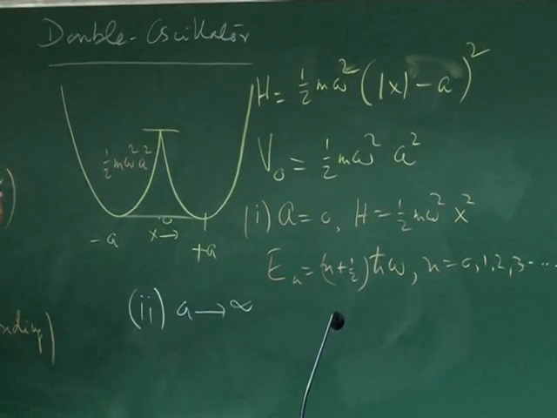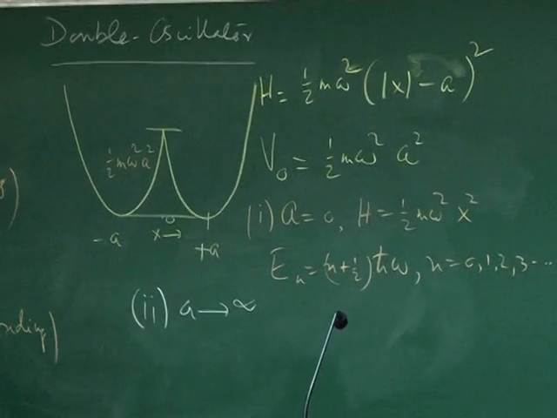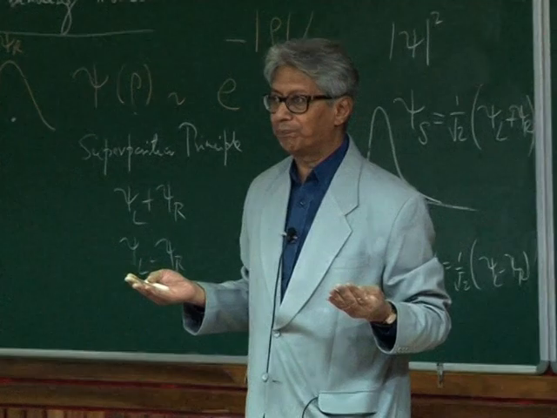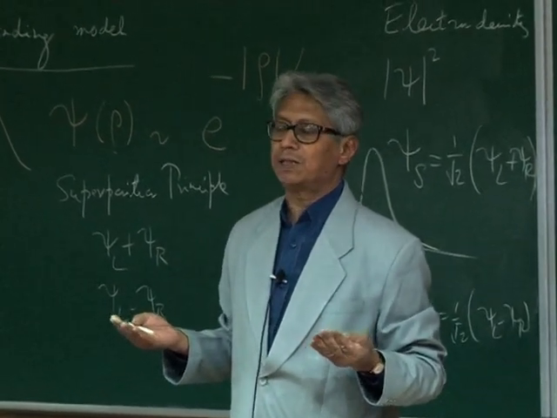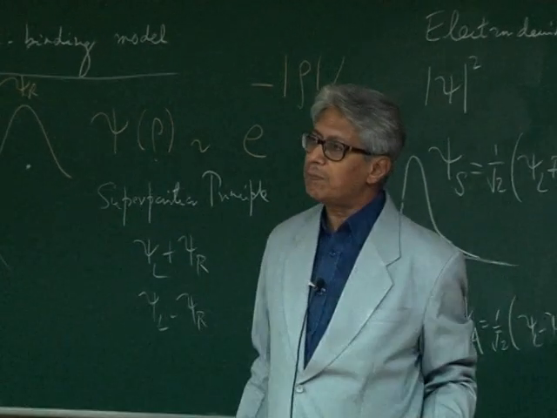Each oscillator will give you the same energy. So you have two states for the same energy. So you have what is called a double degeneracy, because you have two identical harmonic oscillators with the same energy.